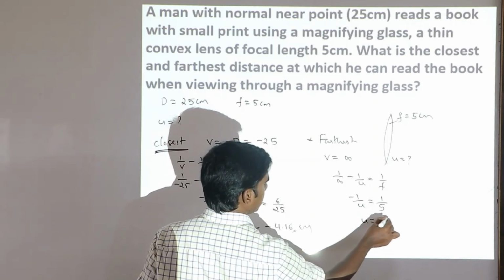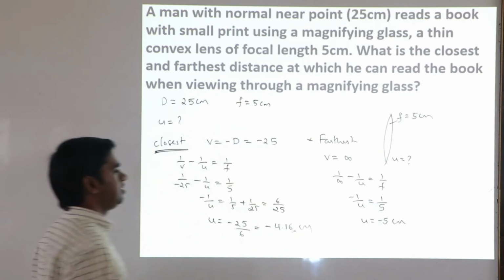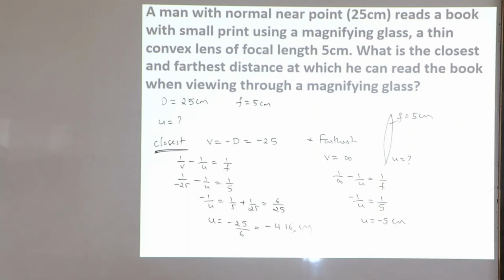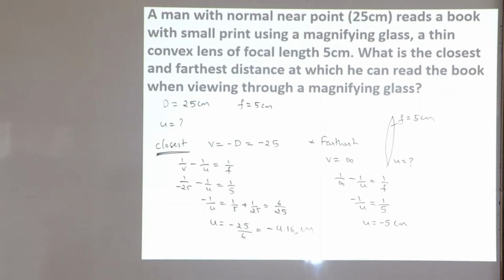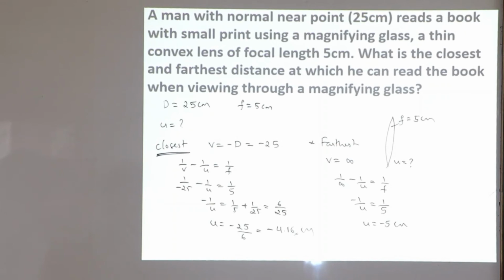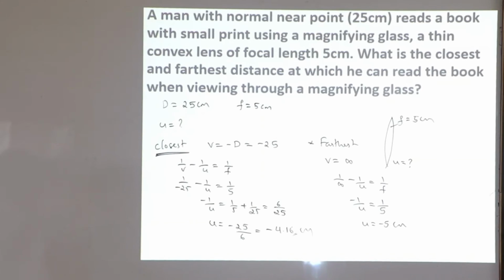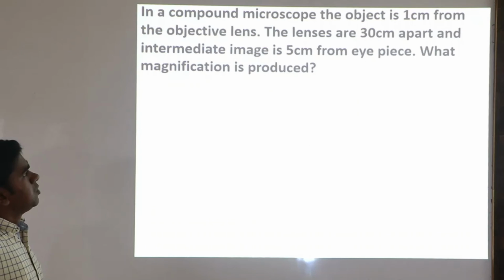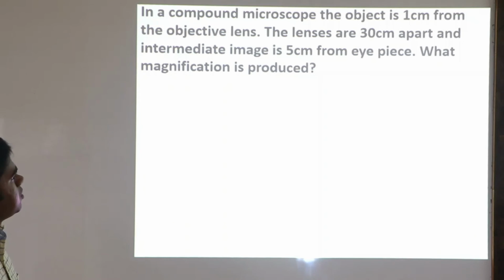So U equals minus 5 centimeter. That is the farthest place where you can place your book so that you can read it easily. And minus 4.16 is the closest position of the book where you can hold it. Okay, so next problem is, I think, on the compound microscope.